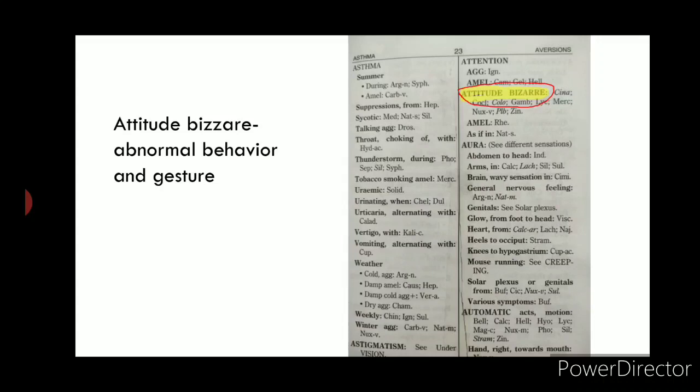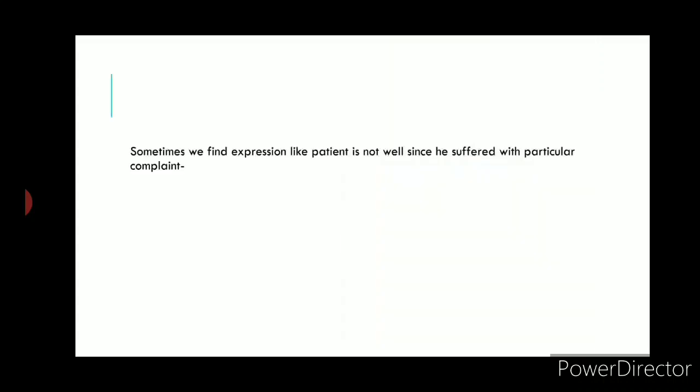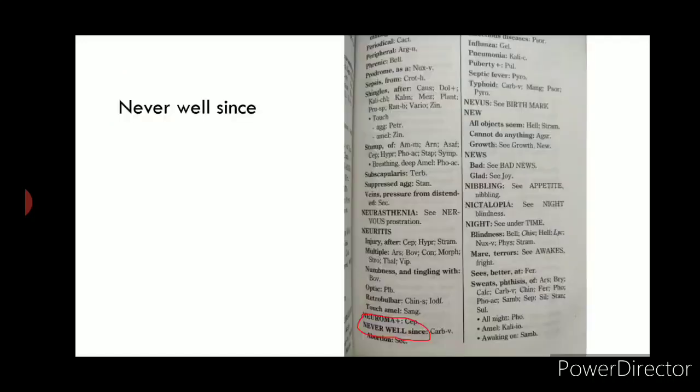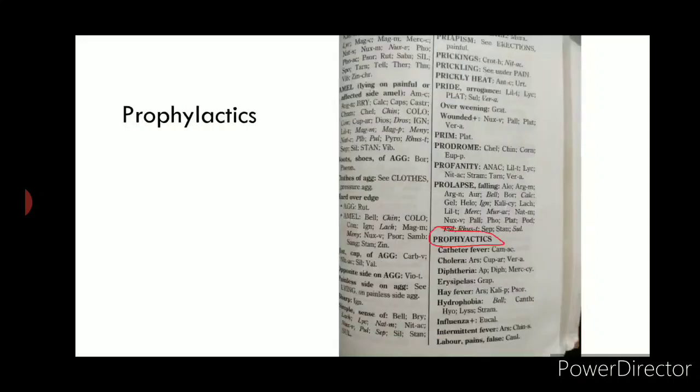So you can take up this rubric when you find this symptom in your patient. Next, sometimes we find an expression like the patient is not well since he suffered with a particular complaint. So the rubric is given, never well since, and you will also find different sub rubrics like influenza, typhoid, septic fever in this rubric.